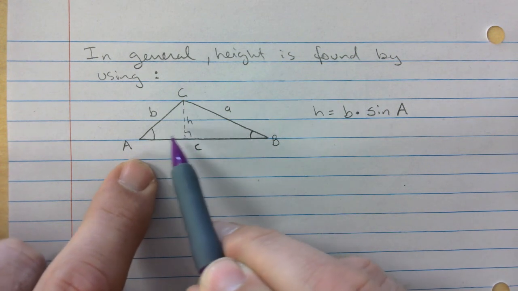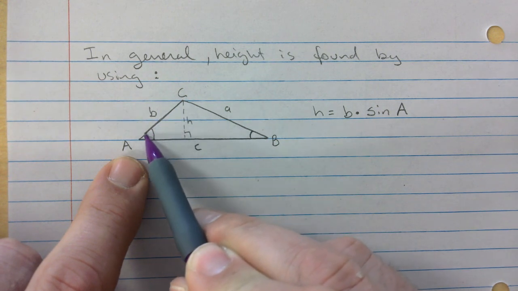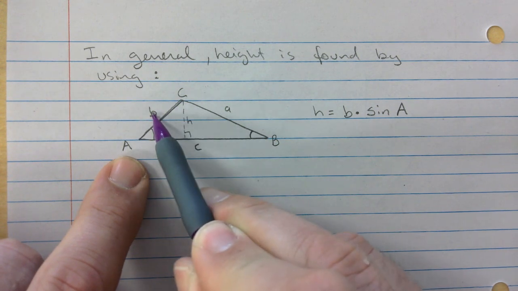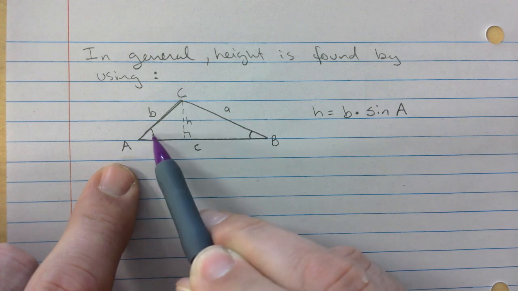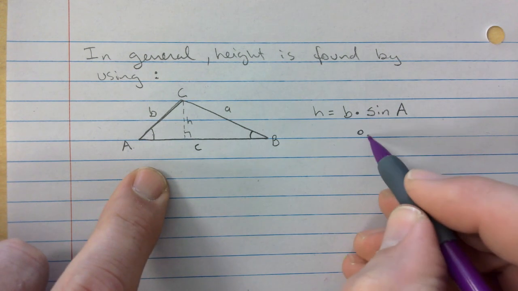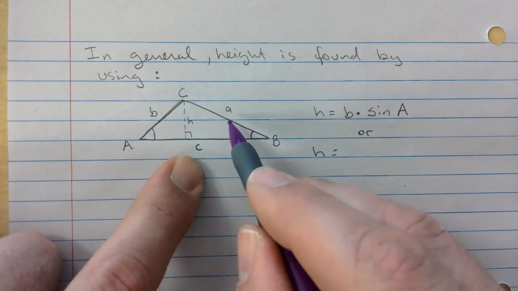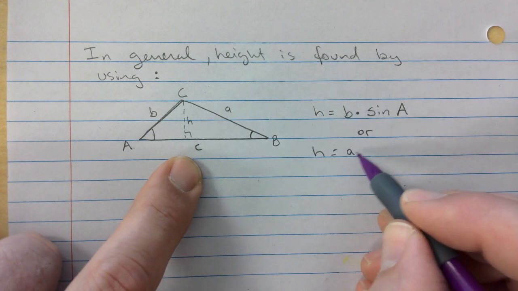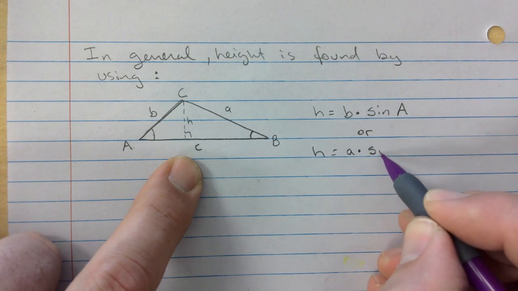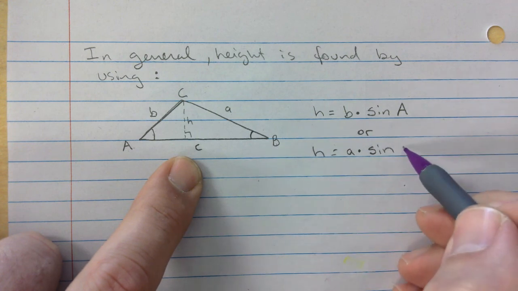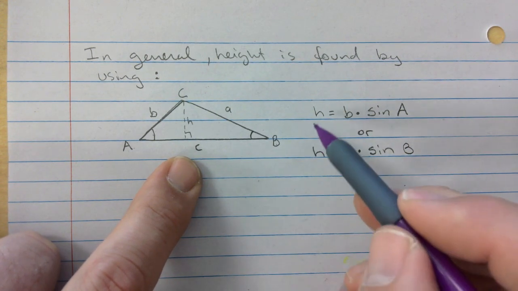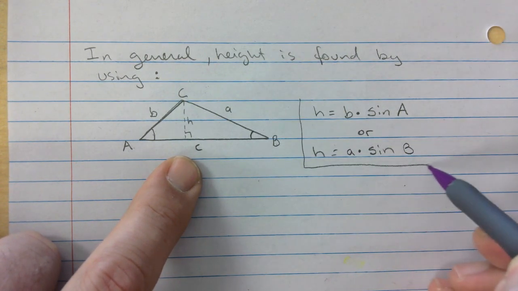Either way, it's either taking this slanted side here, B, multiplying by the sine of A, or height can be found by taking side A and multiplying that by sine of B. This is in general how it works every time.